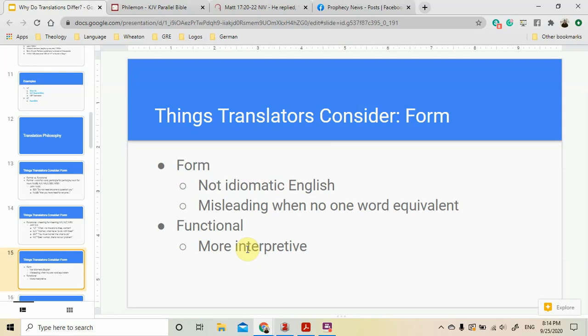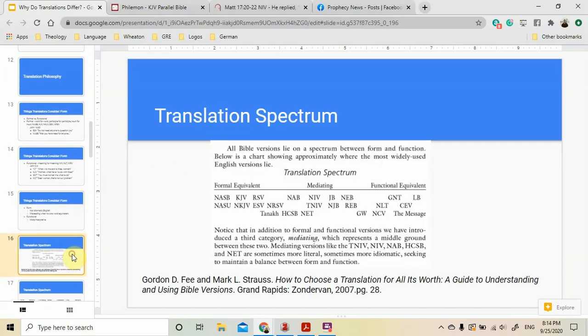You're going to have to trust the translator more than your own interpretations. But there's nothing wrong with each of them. They have just different goals. One wants to give you more the form of the text that was given to us in the original languages, and one wants to try to put it into good English.